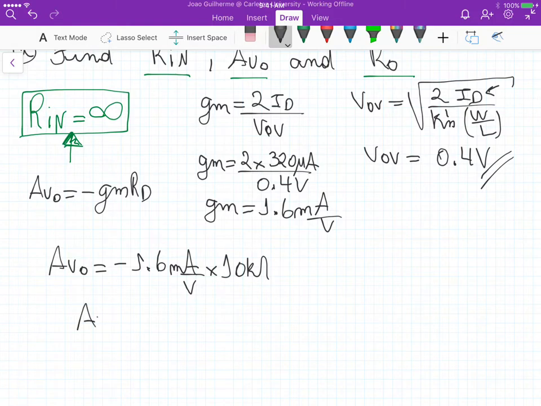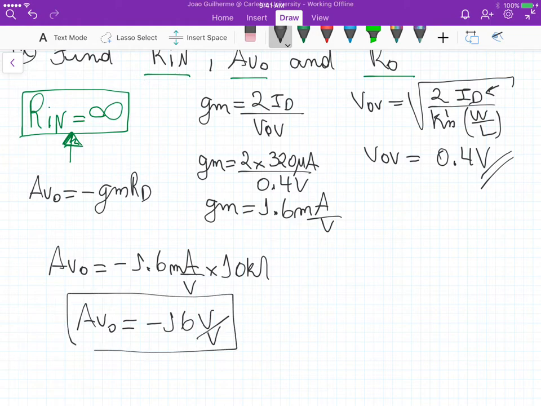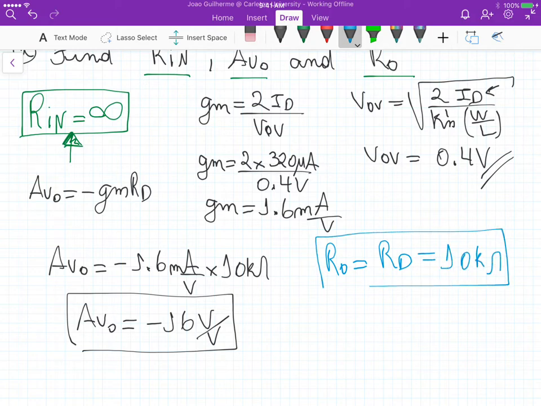So AV0, the open-circuit gain, is minus 16 volt per volt. That's the second result. And for the output resistance RO, we know that for this topology it's just the drain resistance, which in our case is 10k ohm.